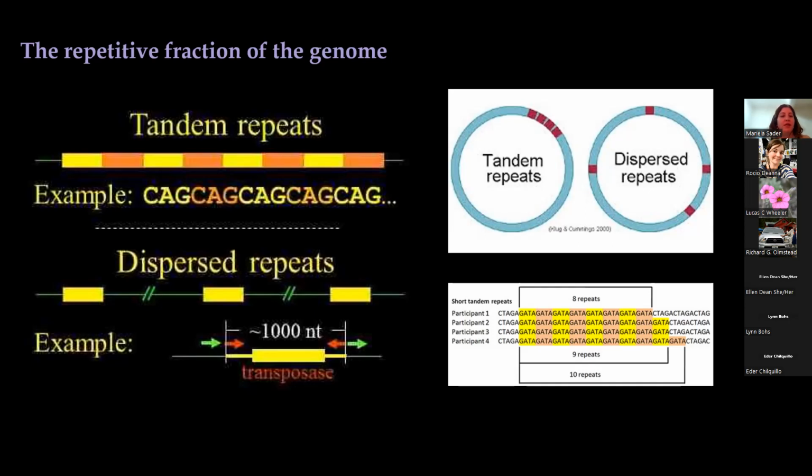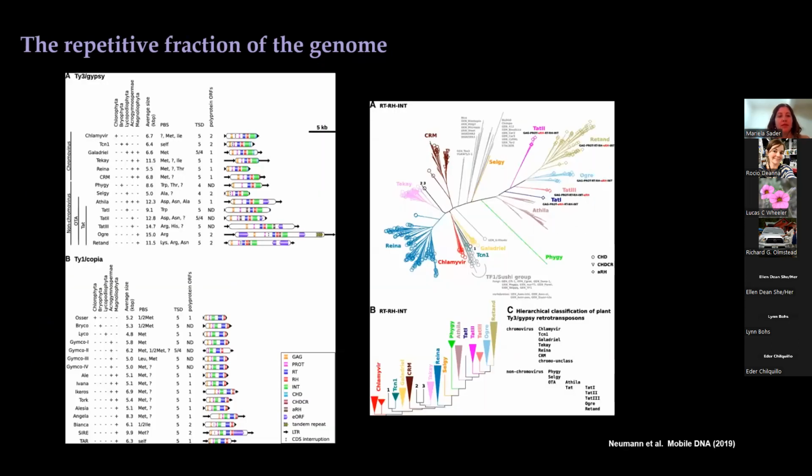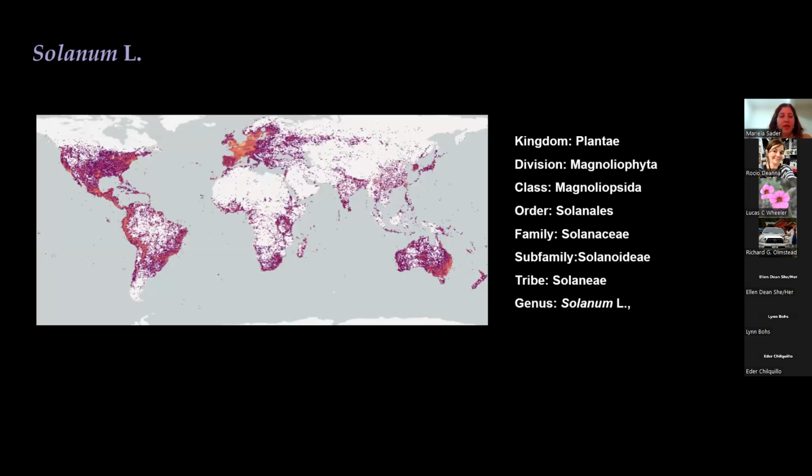And here we have the sequences scattered or dispersed in the genomes. These retrotransposon sequences are classified according to the protein domains that they possess and the order of these protein domains.